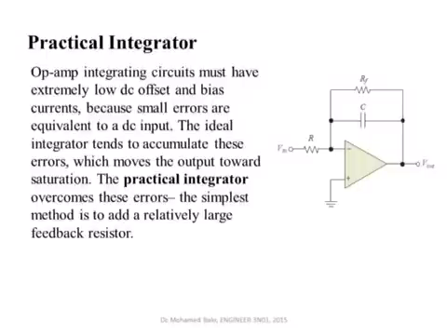There is one problem with the ideal op-amp integrator I've shown you, which is that at DC, this capacitor represents an open circuit. For the ideal integrator I've shown you earlier, there is no resistance here. If this is an open circuit, this means there is no feedback from the output to the input.